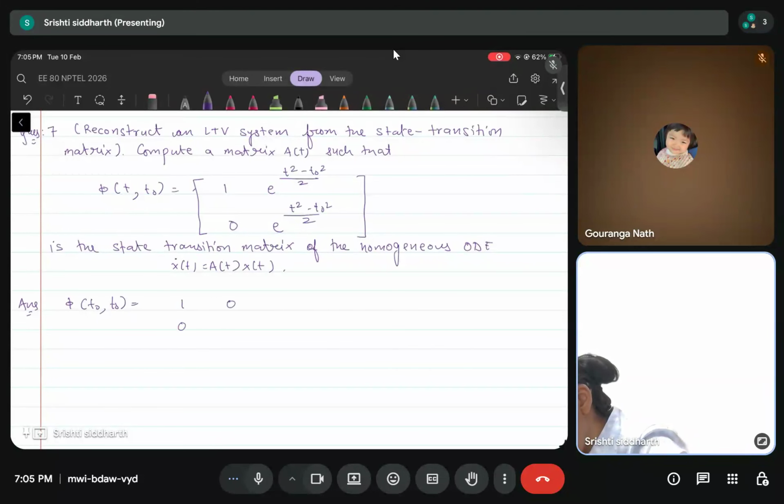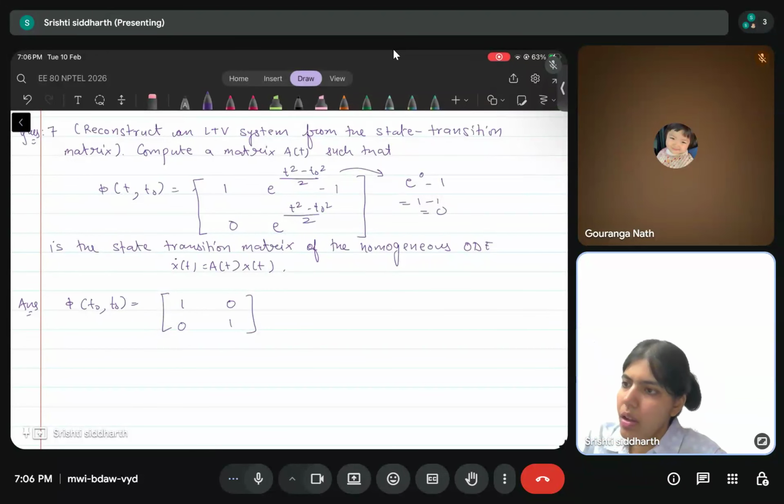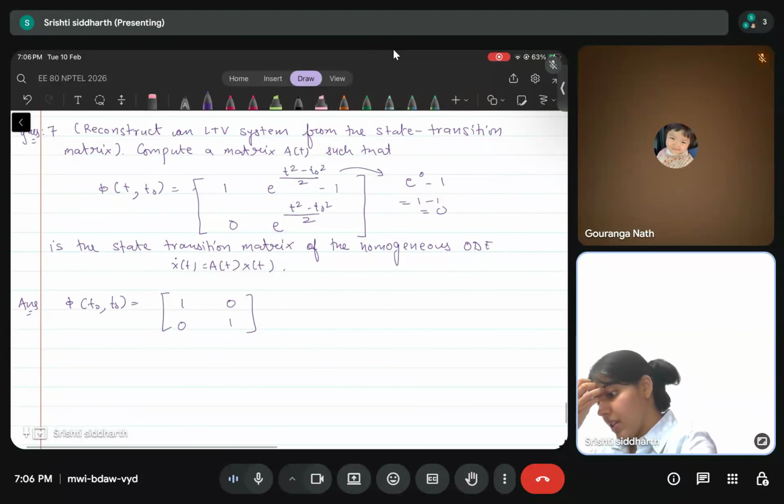After substituting, we get e to the power 0 minus 1, right? And this is 1. Okay, so this is correct.